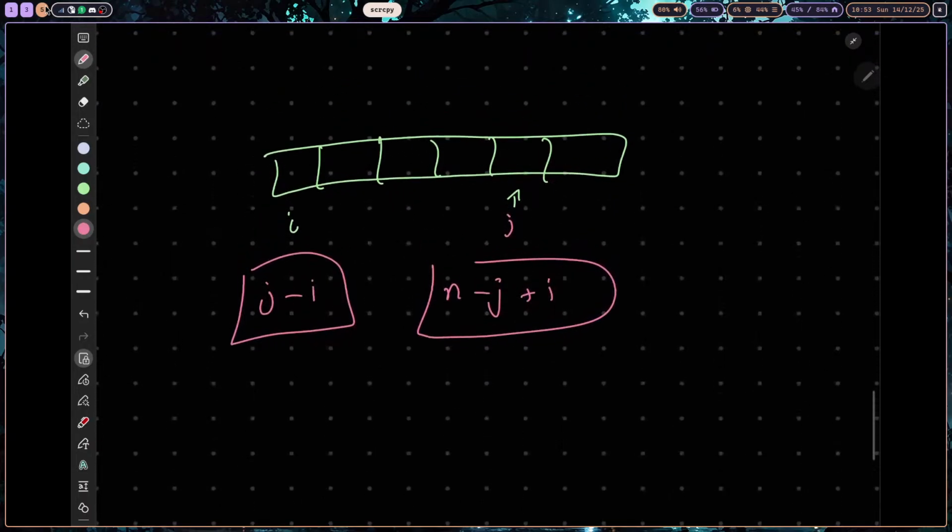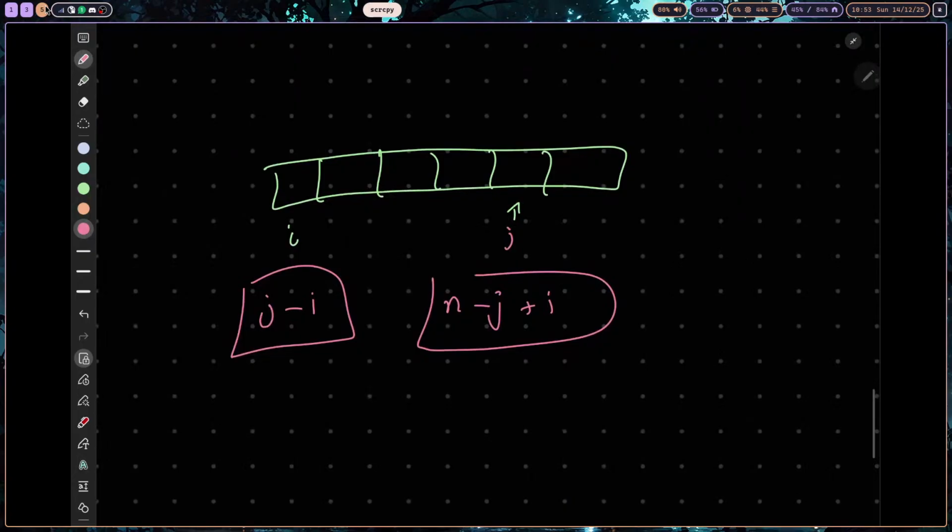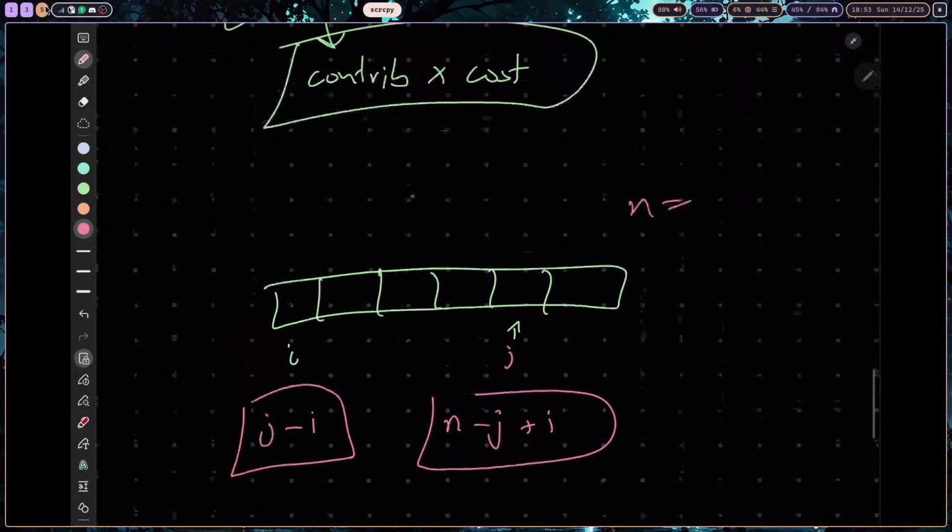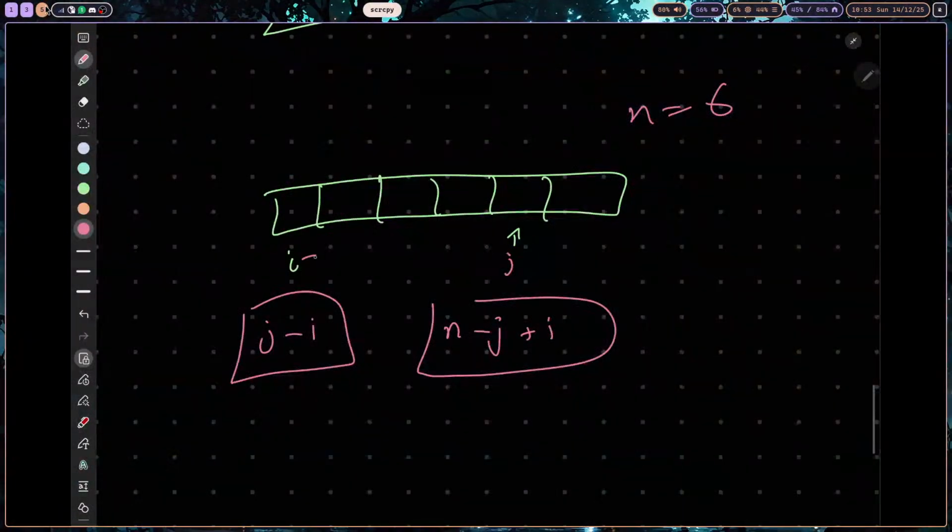Now let's see why this works. So for this array, my n equals 6, I equals 0. How about let's make I equals 1 and j equals 4, because this is 0 based index.